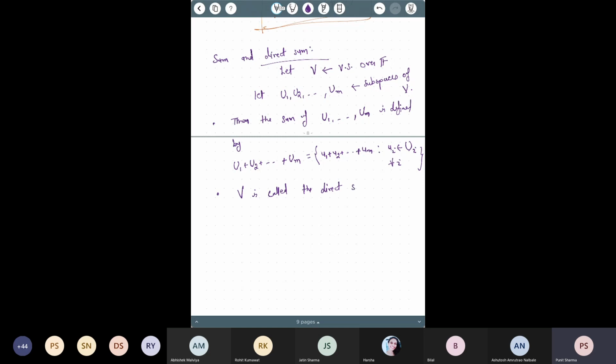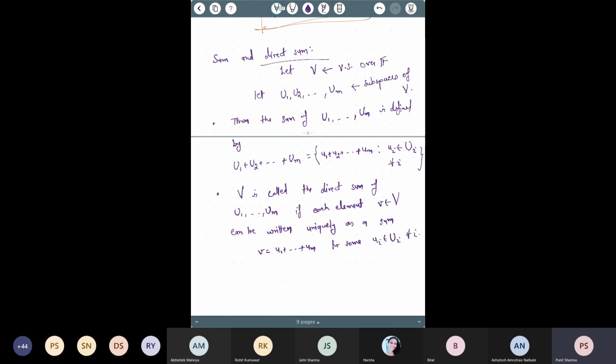This is called the direct sum of U1 to Um if each element, let's say v in the vector space V, can be written uniquely as a sum, let's say v equal to u1 plus to um, for some ui belonging to capital Ui for all i.